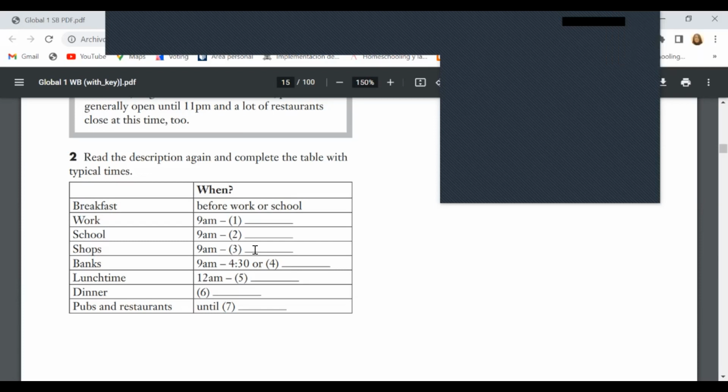They open at 9 in Peru, similar, but close in Peru at 6 p.m. Yes, in Peru at 6. And in the UK? 5:30. Yes. Lunchtime is similar to Peru. It is between midday until?